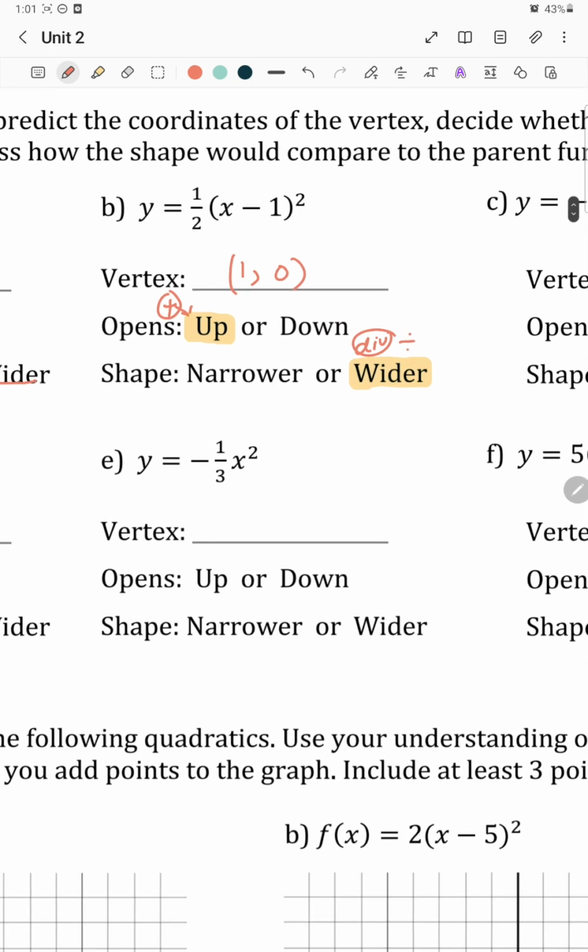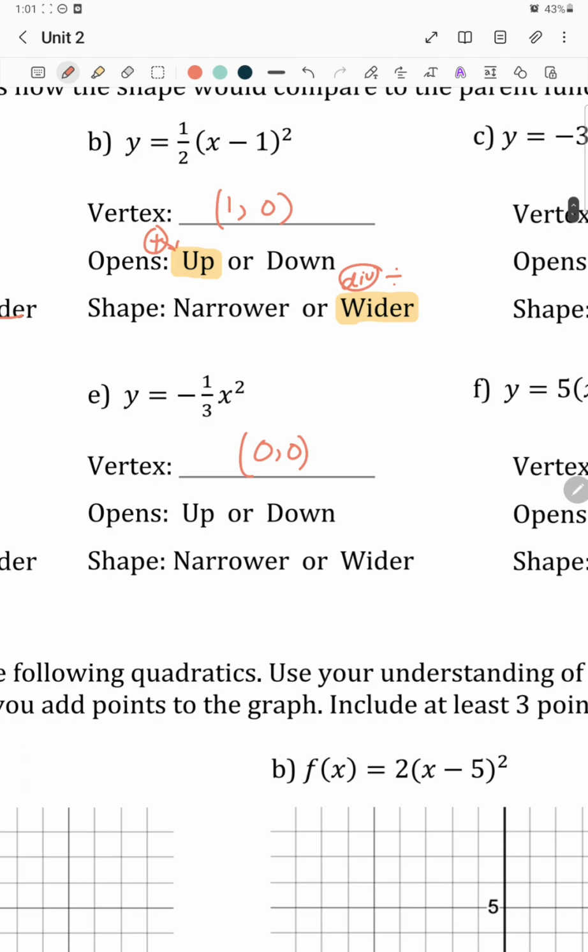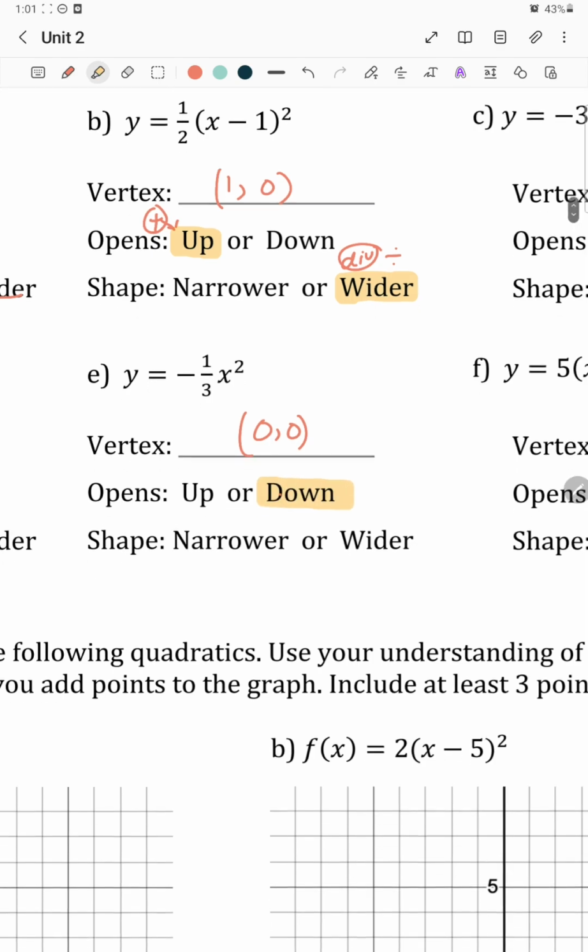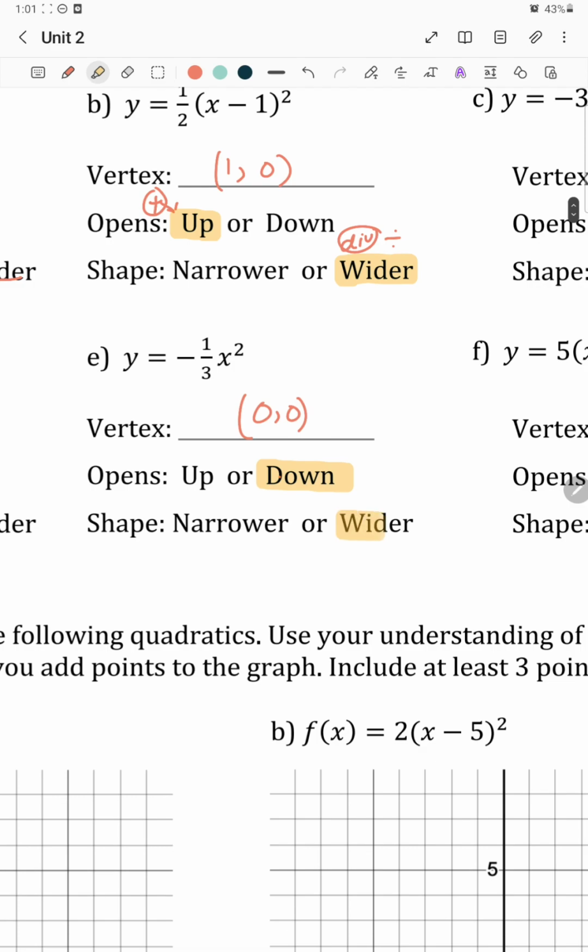Okay. Minus 1 by 3 x square means 0, 0. Negative means downwards. And wider.